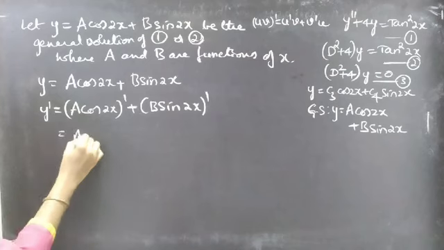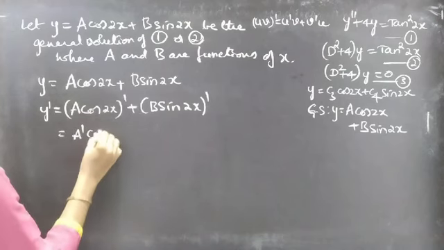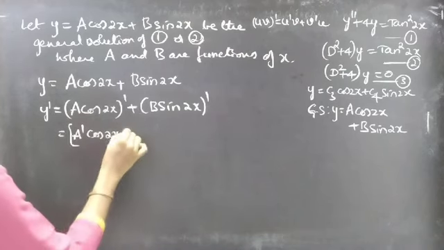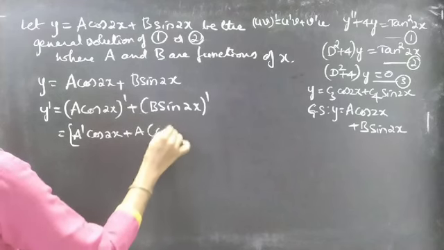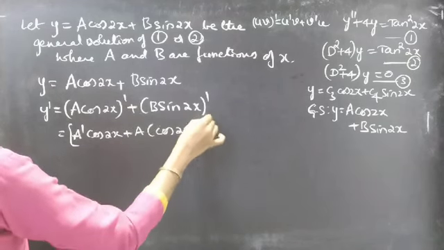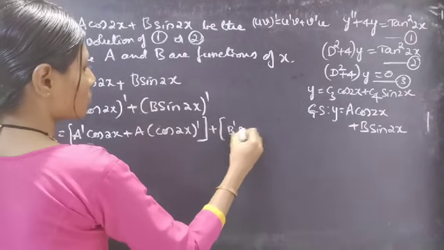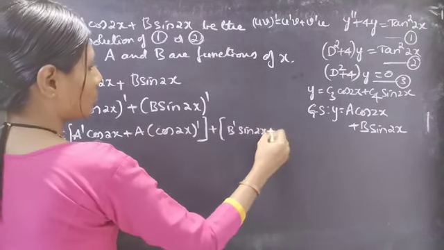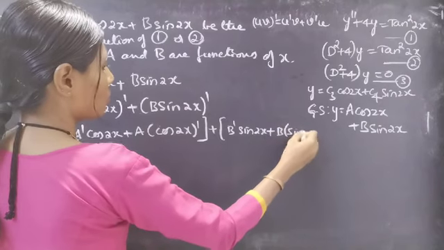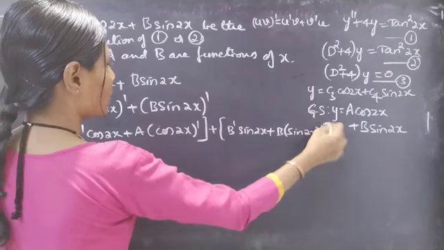Let's apply the formula. We'll get a' into cos 2x plus a into derivative of cos 2x with respect to x plus b' into sin 2x plus b into derivative of sin 2x with respect to x.